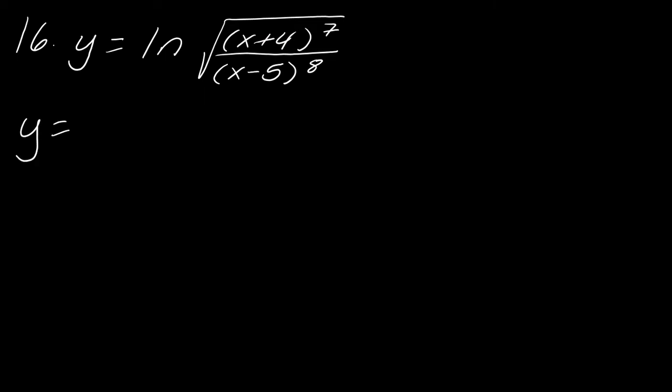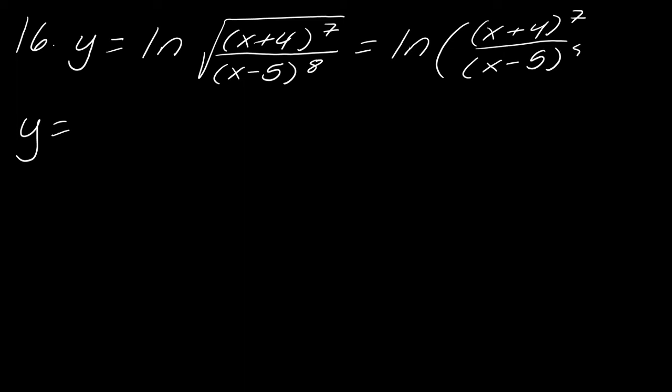I'm going to rewrite my function y using all the properties I know of the natural log. One thing to keep in mind here, I could really rewrite this as x plus 4 to the 7th over x minus 5 to the 8th, all of that to the 1/2.